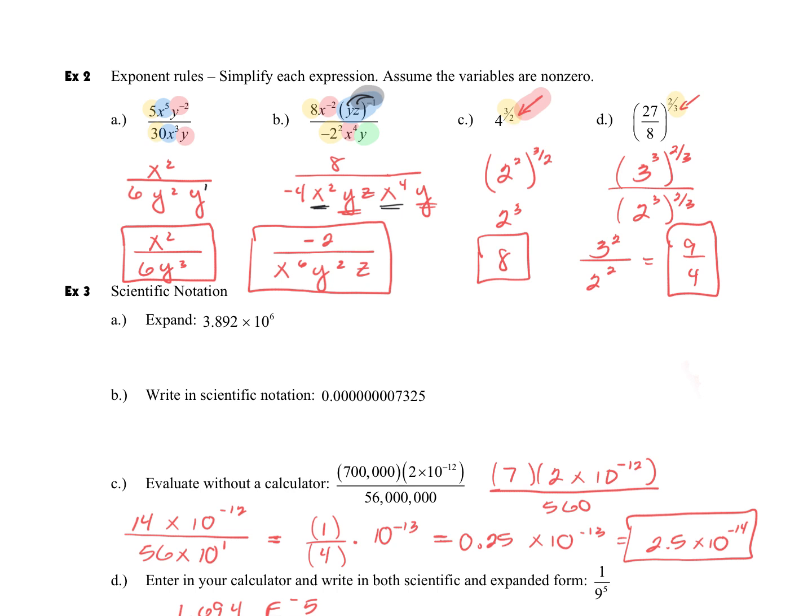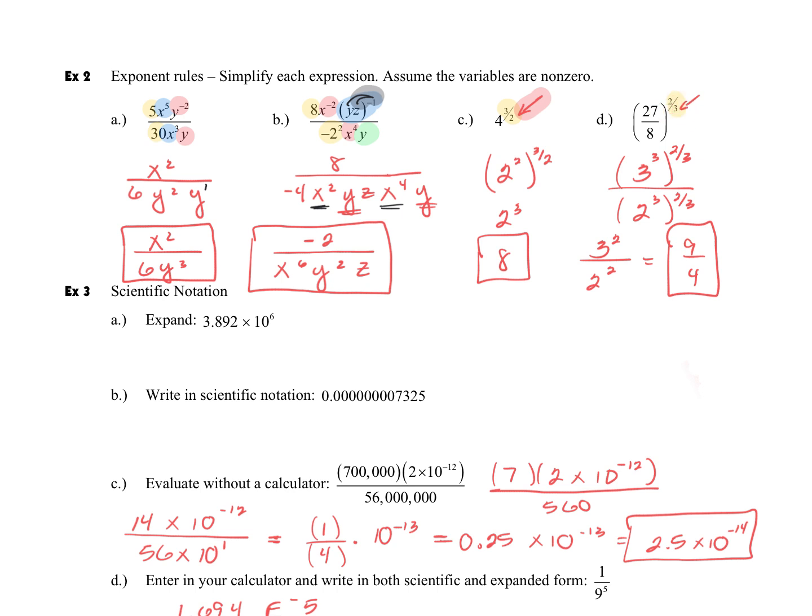So for example, 4 is 2 to the second power. So 2 to the second power, now these exponents multiply. So 2 times 3 halves is 3, and 2 cubed is 8. Over here, I'm looking at each of these components, the numerator and the denominator, and I want to write them as something to the third power.